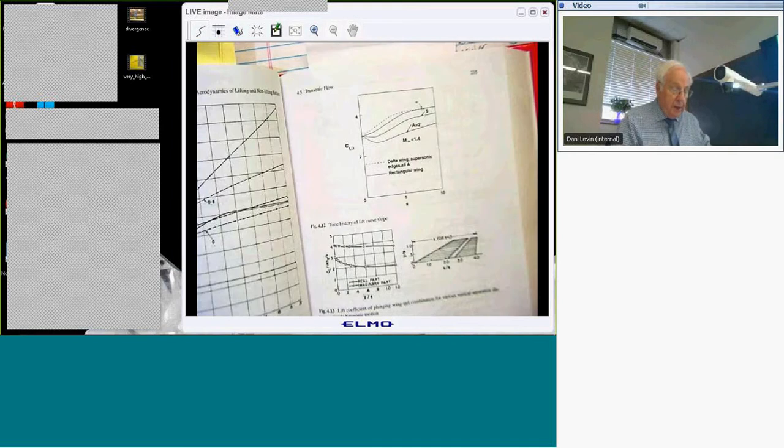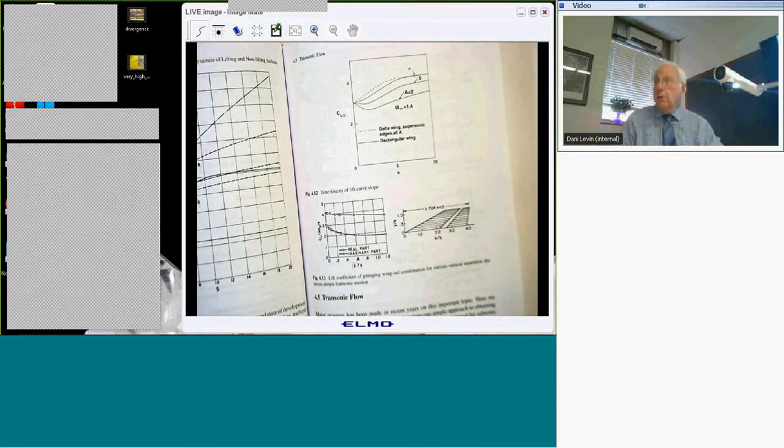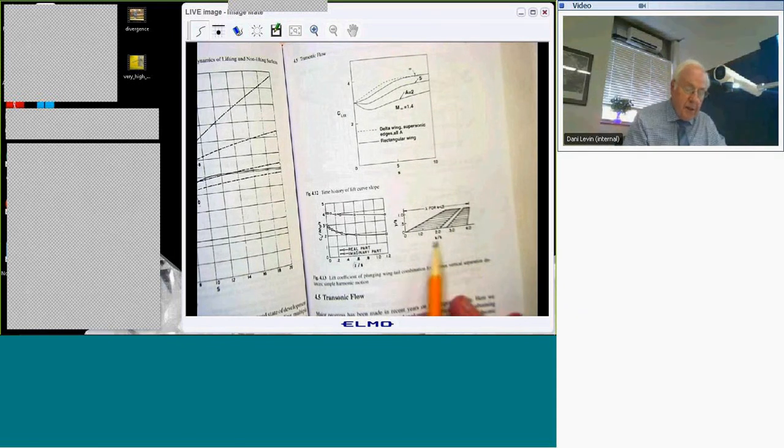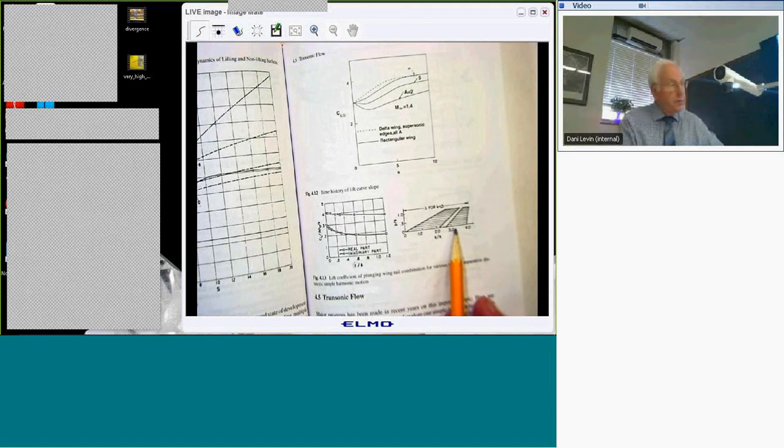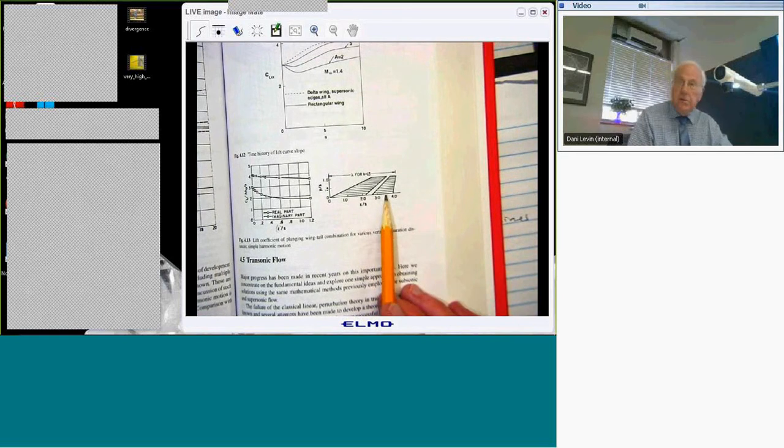Now, having said that, when you go to the literature and you look at papers, almost all the papers will be plotting results in the frequency domain, because that's where the codes are typically written, and those are the codes that are going to be used for flutter analysis and for gust response analysis. So this shows an example. I have a main wing, and it's presumably a high performance supersonic airplane.